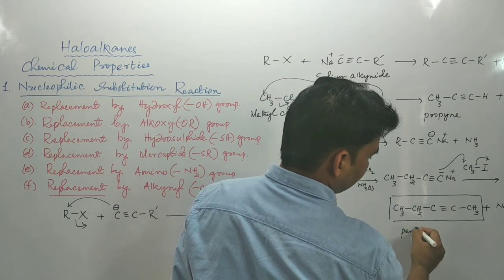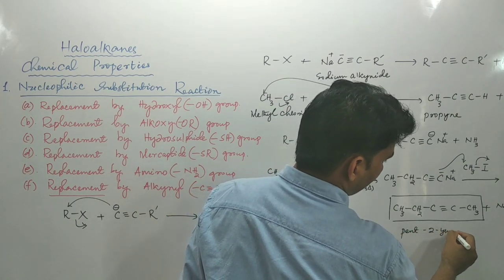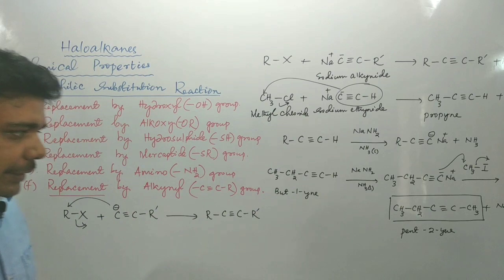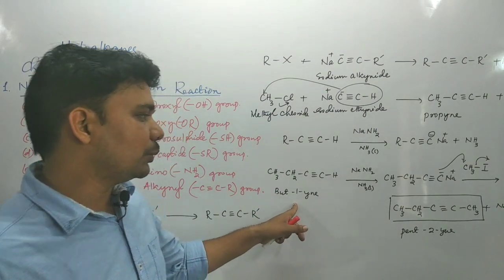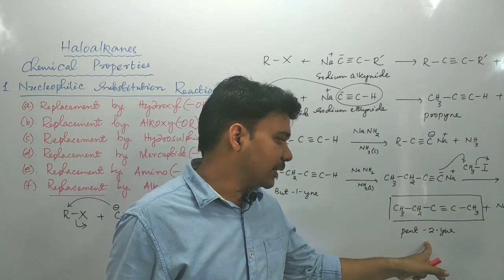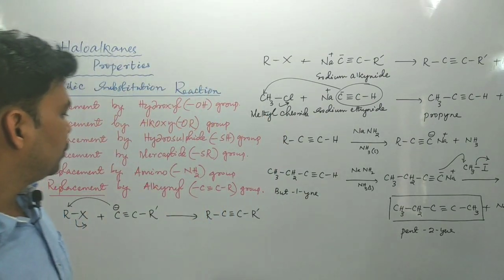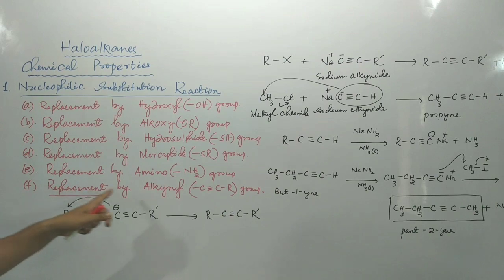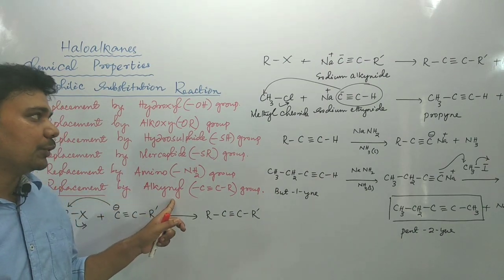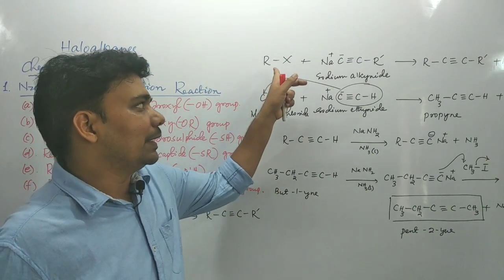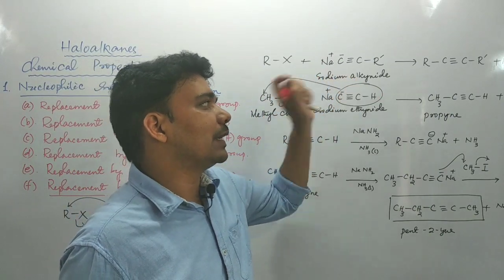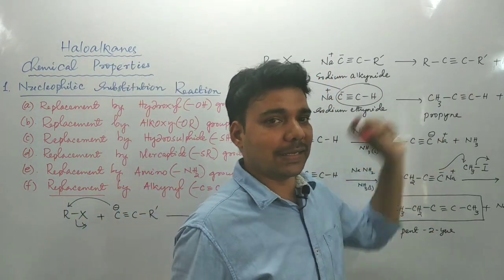Pent, and in the second position a triple bond is there. So pent-2-yne. So but-1-yne has been converted into pent-2-yne. So this is about the replacement by alkynyl group. When alkyl halide is treated with sodium alkynate, we will get a higher alkyne.